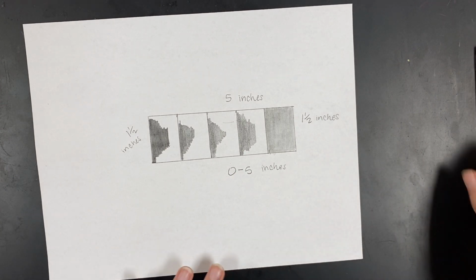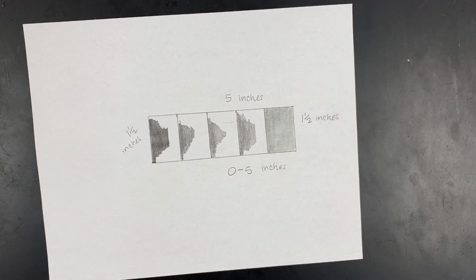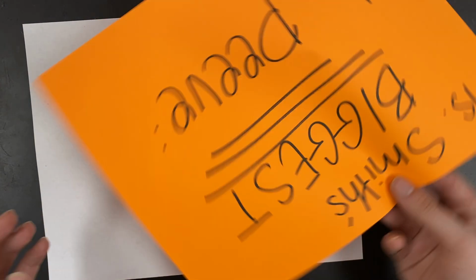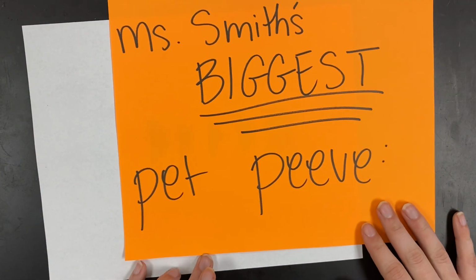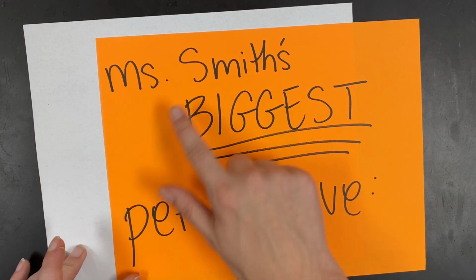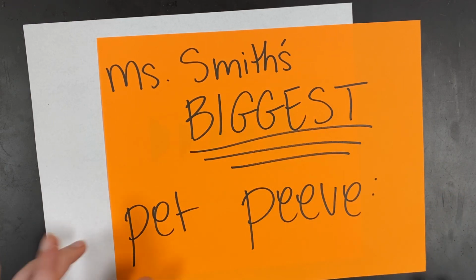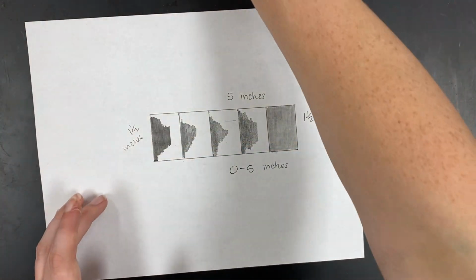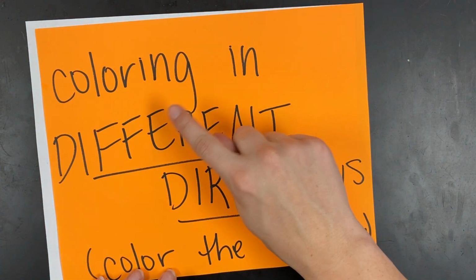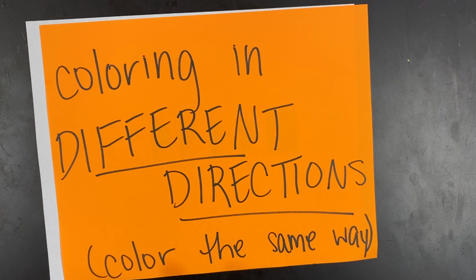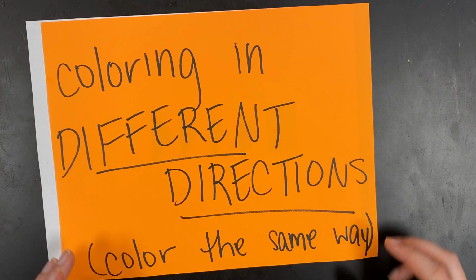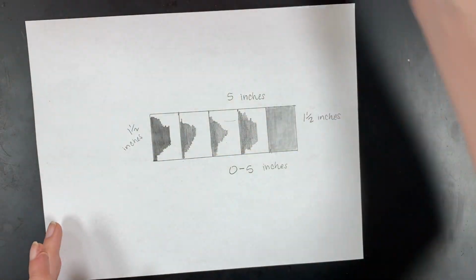When you get in my class, you'll hear me talk about this all the time because it drives me insane. But Miss Smith's biggest pet peeve is, hold your horses. Here it is, coloring in different directions. Make sure you always color the same way, all right? So coloring in different directions, what does that mean?